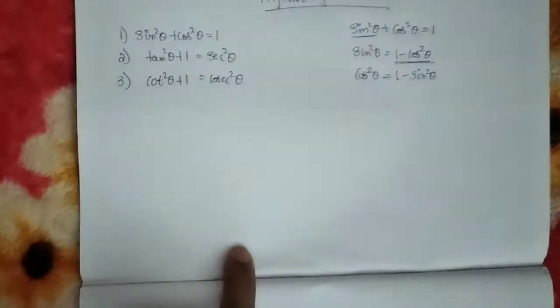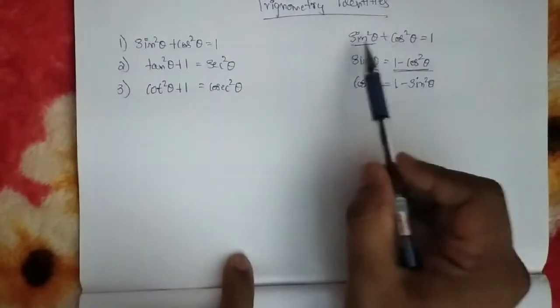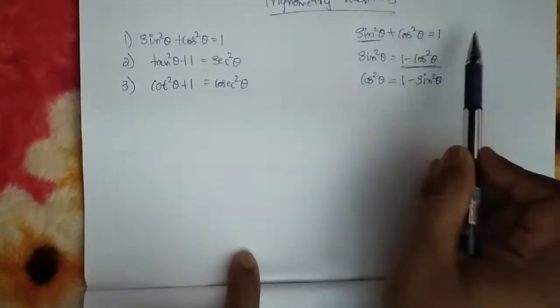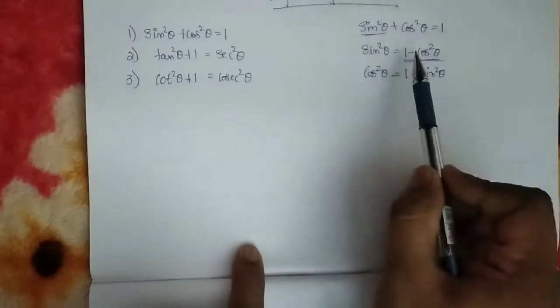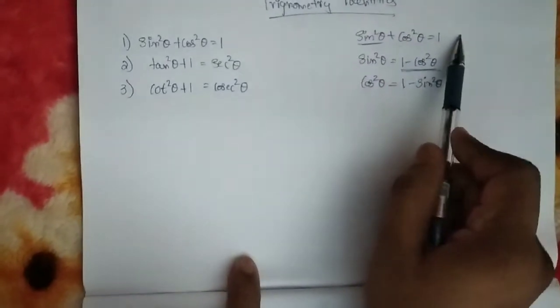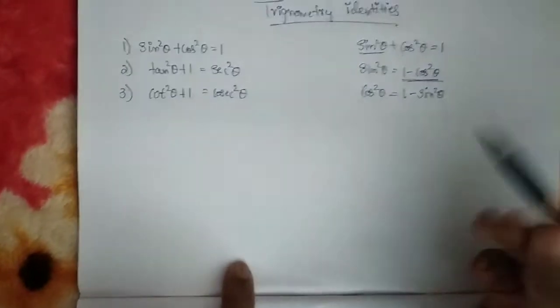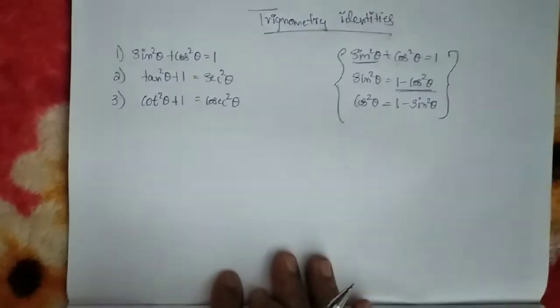Okay, these are the three forms in which this identity can be written. Sine square theta plus cos square theta is equal to 1. By shifting the cos square theta to the right hand side, we get sine square theta is equal to 1 minus cos square theta, and by shifting the sine square theta to the right hand side, we get cos square theta is equal to 1 minus sine square theta. So these are the three forms in which this identity can be written.